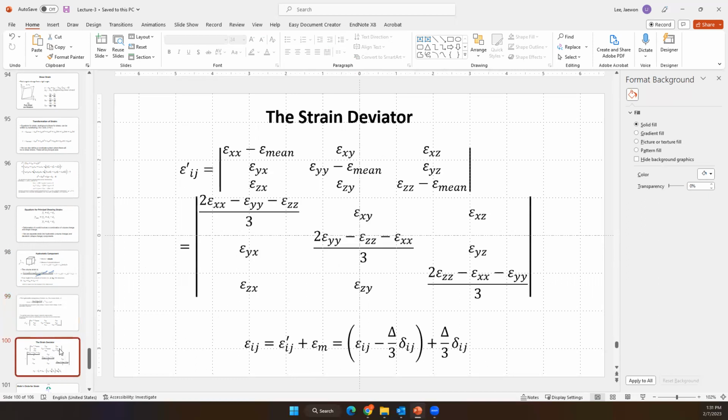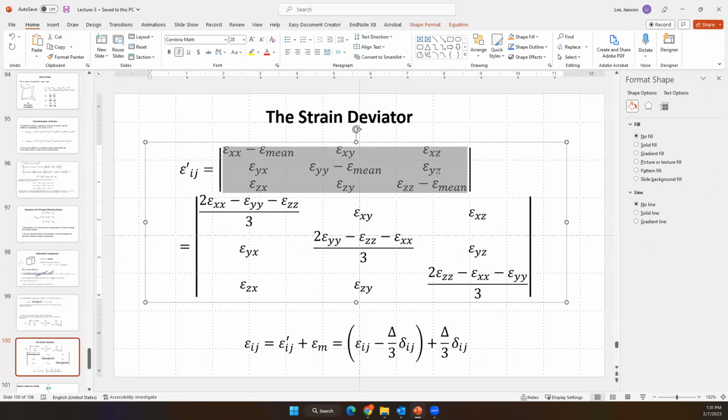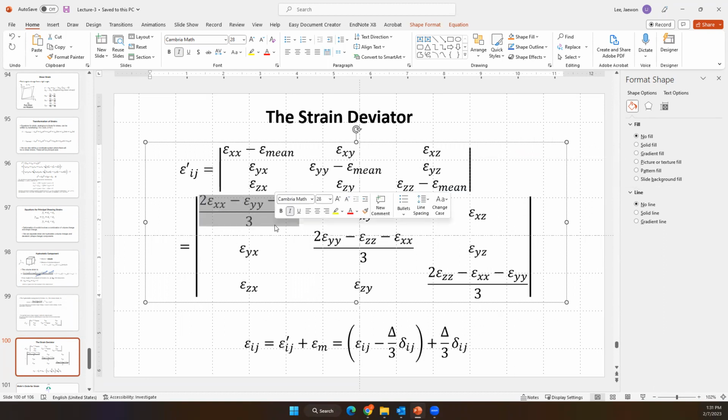So the strain deviator could be expressed by writing, based on the definition of this one, like this relation.